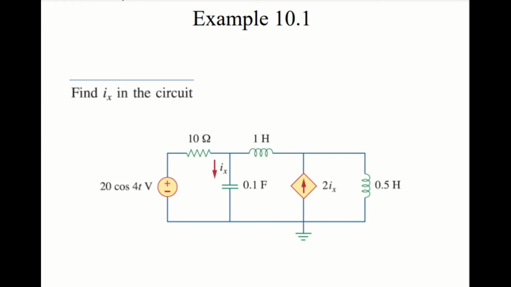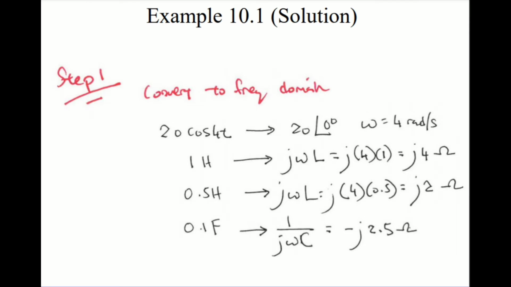The first thing that you need to do is change to phasor form. All of this info here, you need to change to phasor form. You need to remember what I discussed in chapter 1, how we change from sinusoid to phasor. For example, this voltage source 20 cos 4t, if you change to phasor, you get 20 angle 0 degrees with omega is 4 radians per second.